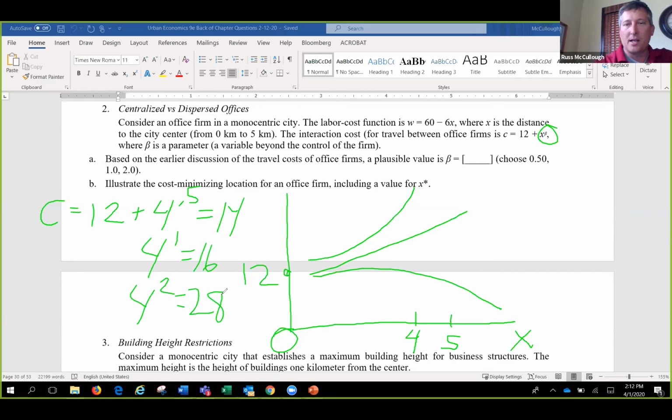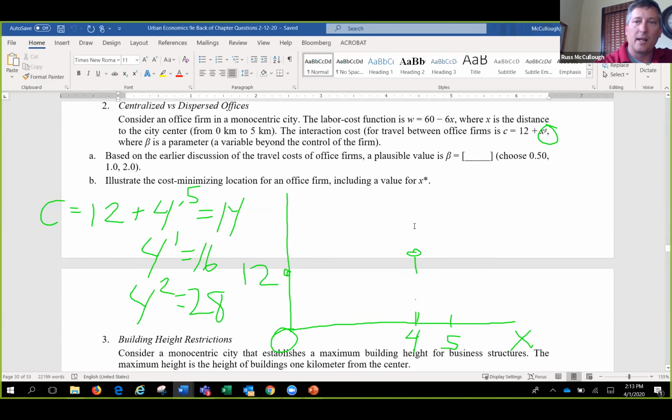And so the question the author's trying to ask here, in fact, let me erase this part. The question the author's trying to get you to think about is which one's the more likely answer? Does it go up to 14, 16, or 28? 16 or 28.